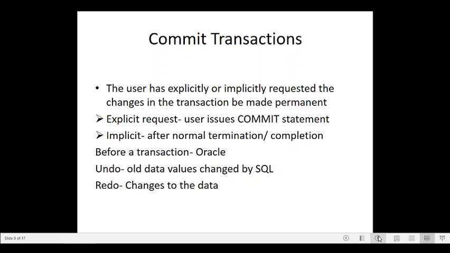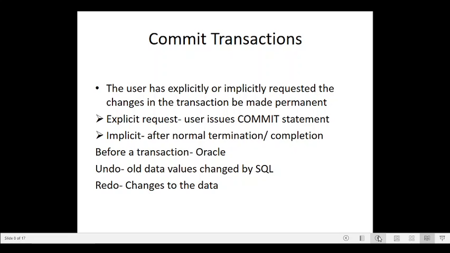So whatever transaction is being made by using SQL will be made permanent, where the user has explicitly or implicitly requested the changes in the transaction to be made permanent. So whenever a transaction happens, the user can request for the changes to be made in that particular transaction, and those changes have to be made permanent.